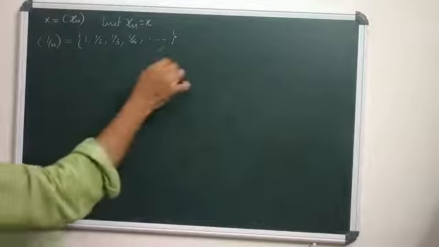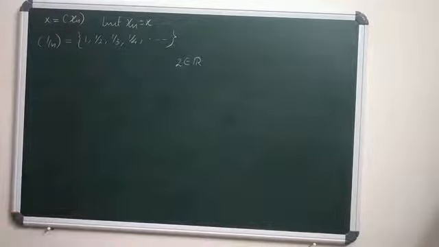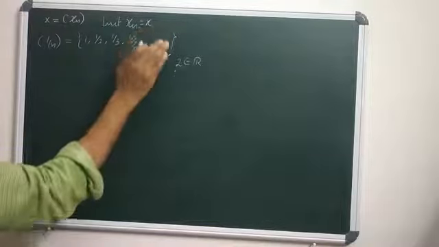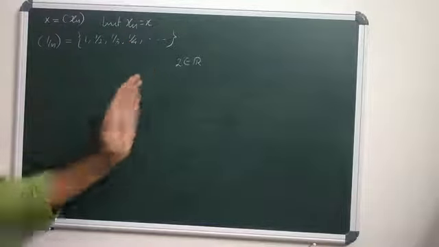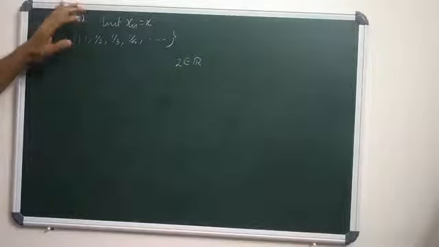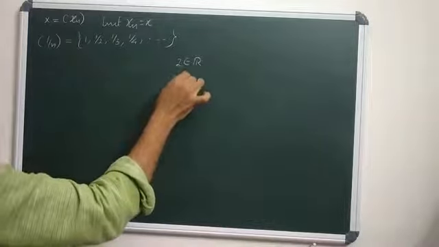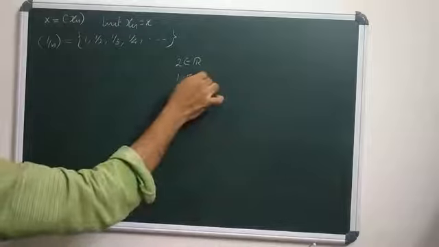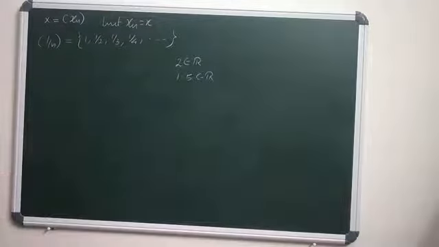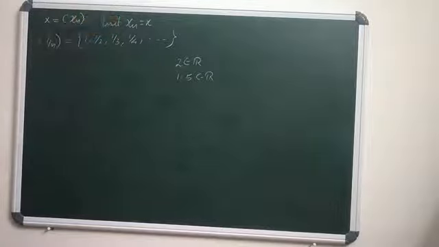Now we choose a real number. Suppose 2 is a real number. Then all the elements in this sequence, 1, 1 by 2, 1 by 3, etc., are less than 2. Or suppose 1.5 is another real number. Then every element in this sequence is less than 1.5.